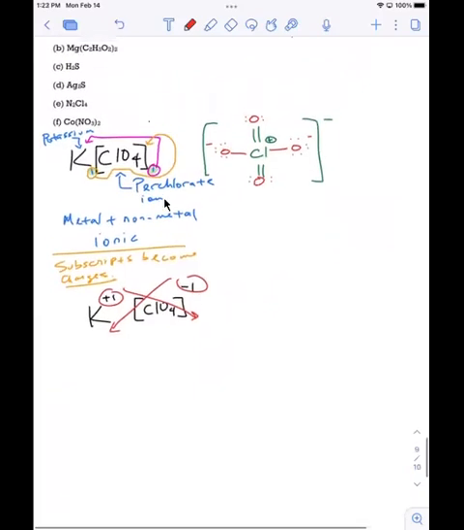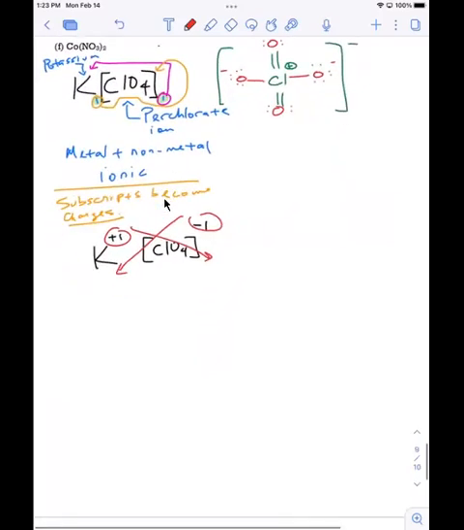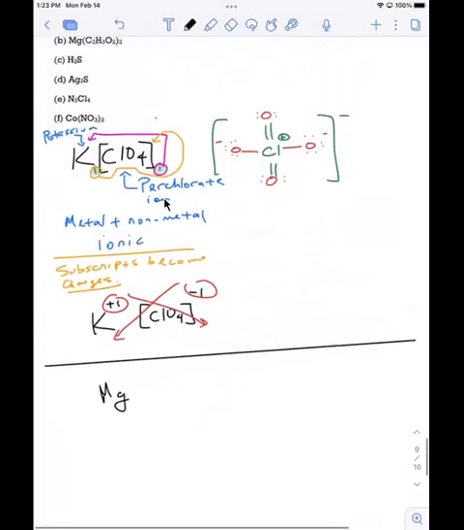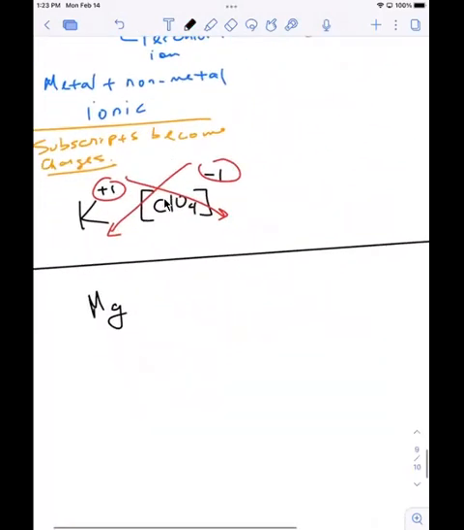So let's look at the next example, which is magnesium. I keep giving it away. I don't want to say the name because I want you to name it yourself. So it's Mg, and it is C2H3O2, and there's a 2 subscripted out here.